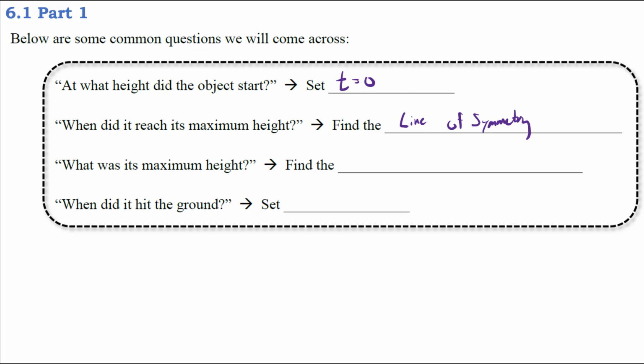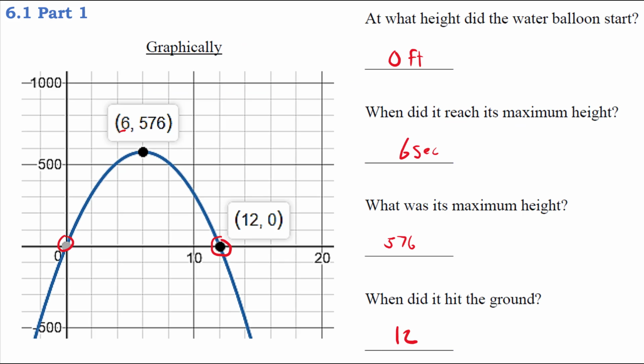At what was its maximum height? In which case, you can look for the vertex, right? The vertex is when it reached its peak. So in other words, when it hit that line of symmetry is that peak point. That's the vertex of it. So the vertex, again, this dot right here on this graph was the vertex, right there at 6 seconds.